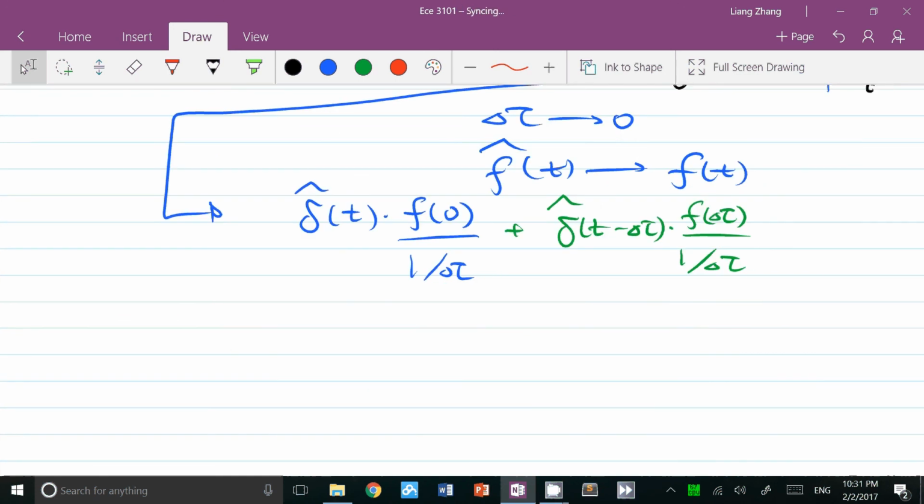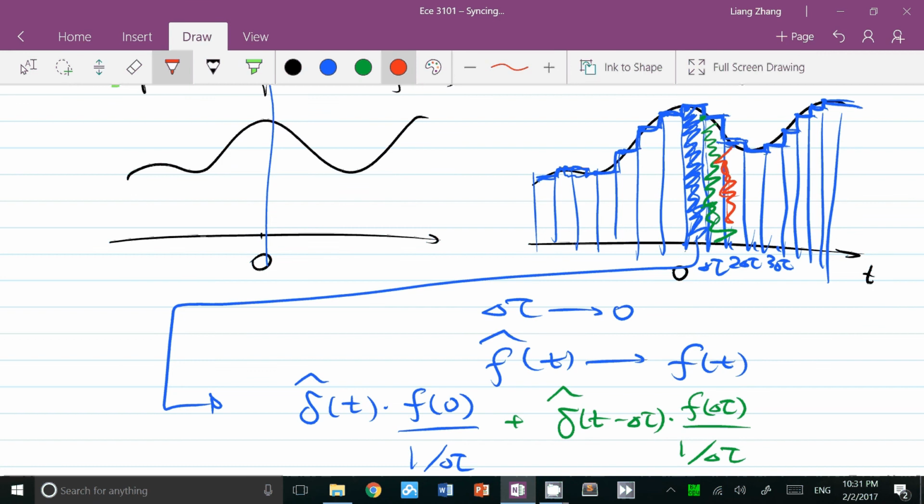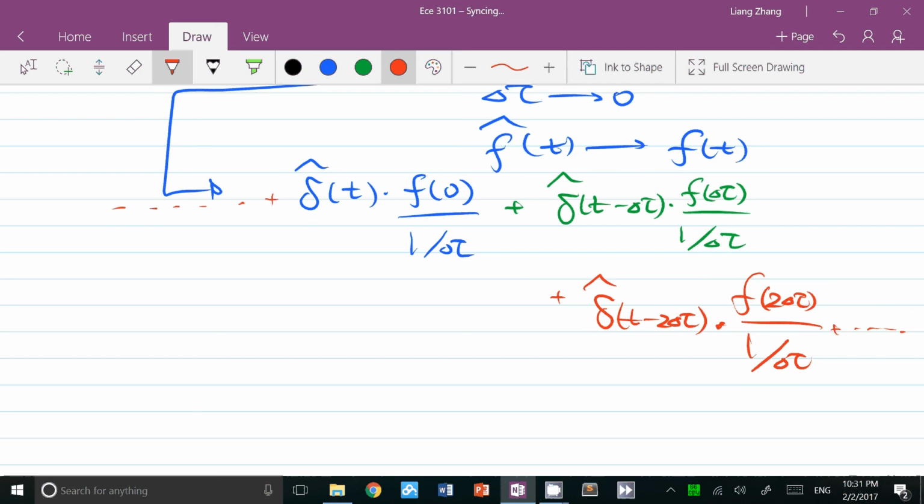The third one will be another delta hat, another thin rectangle, but moved to the right by 2 delta tau, because it starts at 2 delta tau. And again, the height is not going to be 1 over delta tau, but the curve evaluated at 2 delta tau. And I can do this for all the thin rectangles before and after.